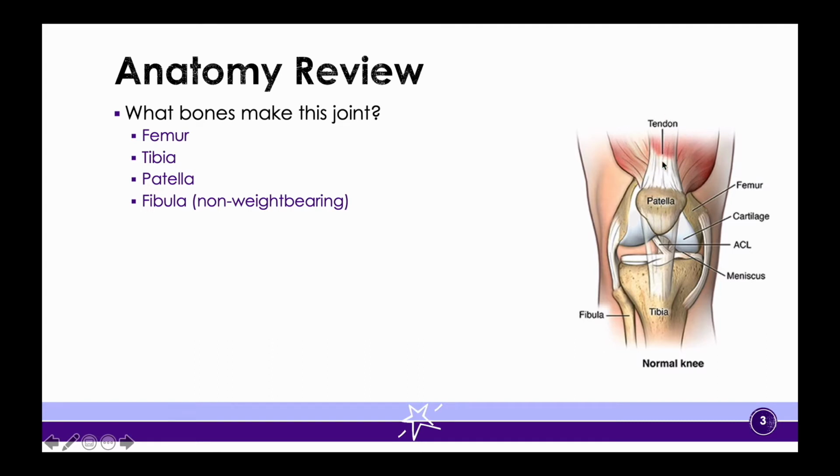A lot of that comes because we have the patellar tendon versus the patellar ligament. You can actually call the whole thing the patellar tendon as well. But remember, a tendon attaches muscle to bone and a ligament attaches bone to bone.